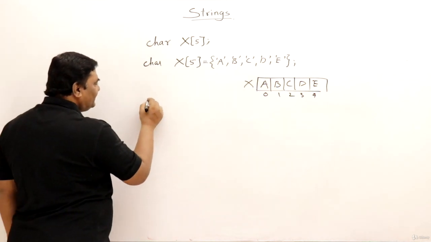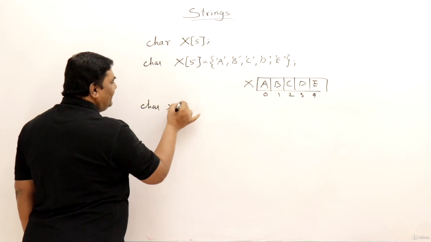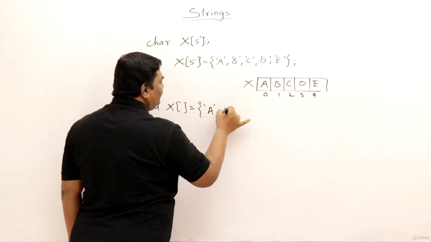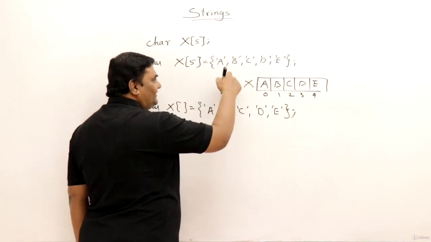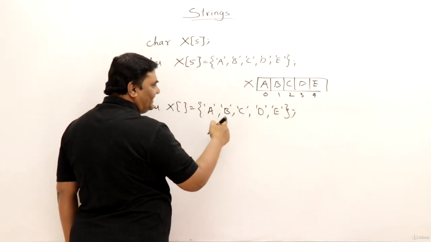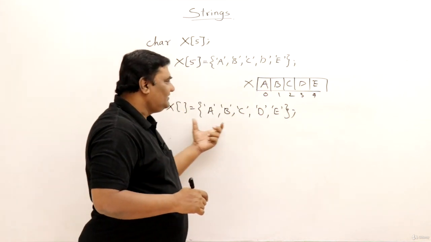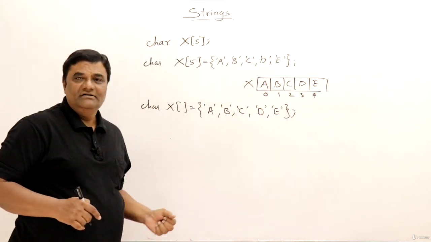Then, the third method: I can create an array without giving any size. With A, B and so on, the same type of array will be created, of size 5, and initialized with all these alphabets. I have not mentioned the size; the size will be taken depending on the number of alphabets I am assigning.